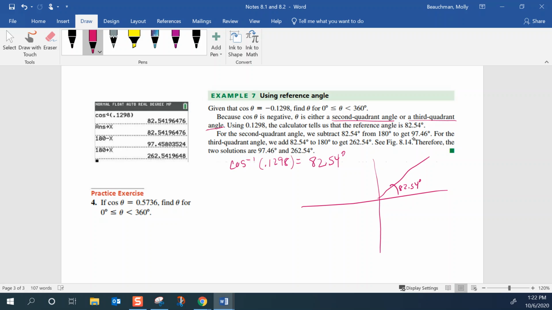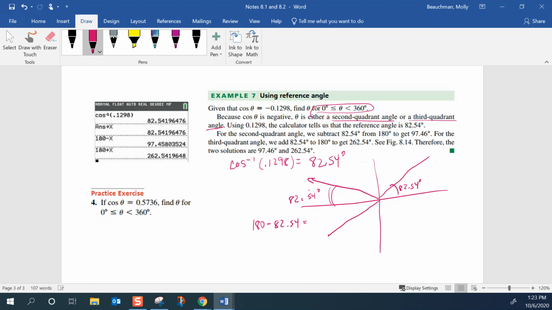So where do we find other angles between 0 and 360 where the cosine is negative? Well, the cosine is negative over here in the second quadrant. So the reference angle here is 82.54. So we're going to take 180 degrees minus 82.54 to get this value, because cosine is negative in the second quadrant.